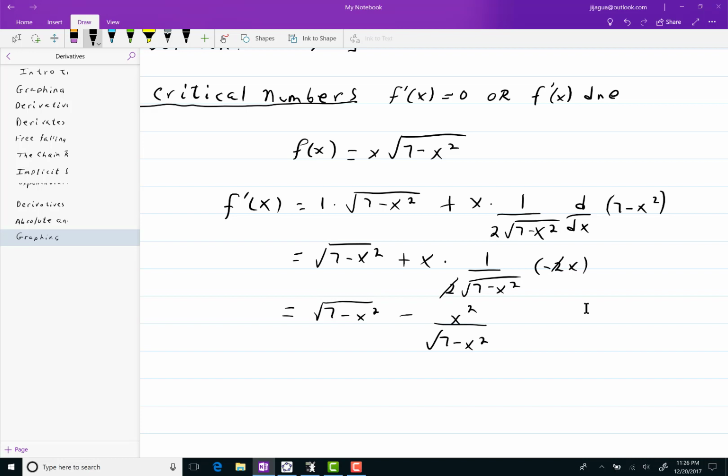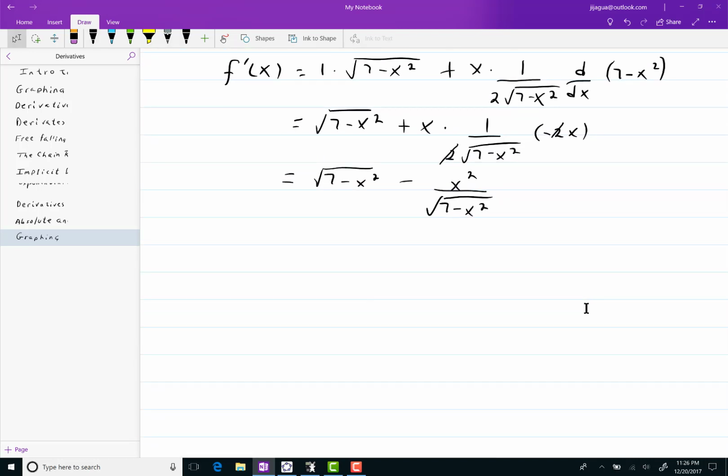Now you're supposed to set that equal to 0. And this is amazingly easy to solve. Multiply both sides of the equation by the square root of 7 minus x squared.